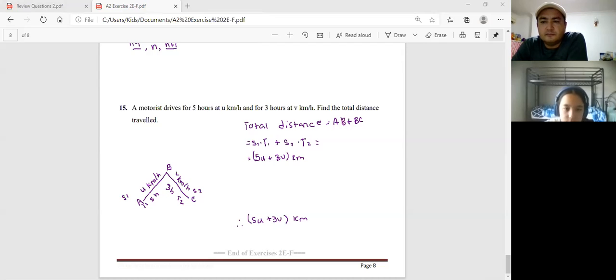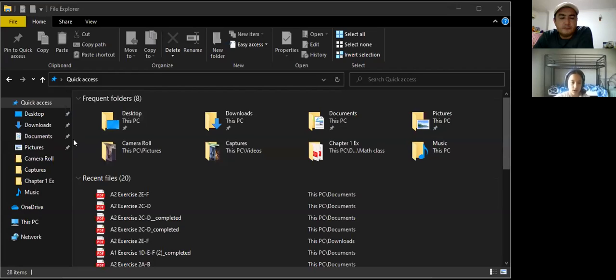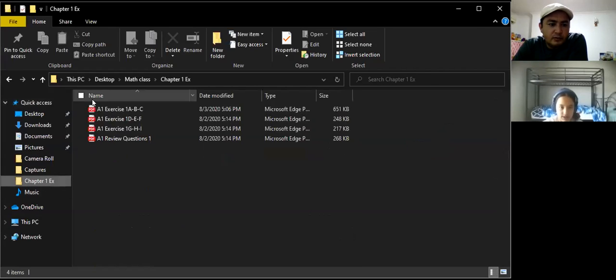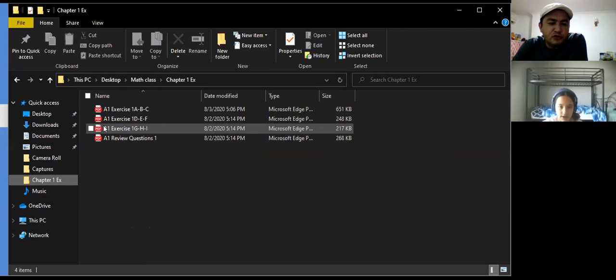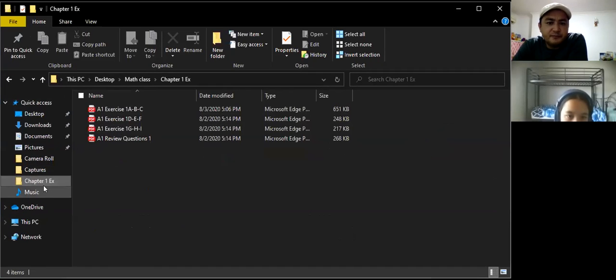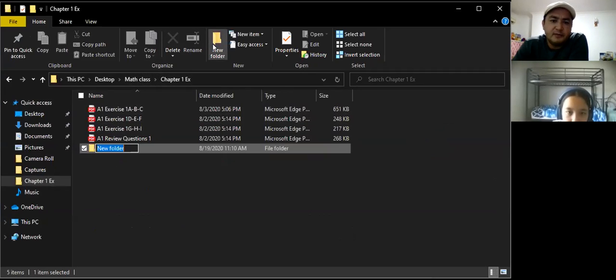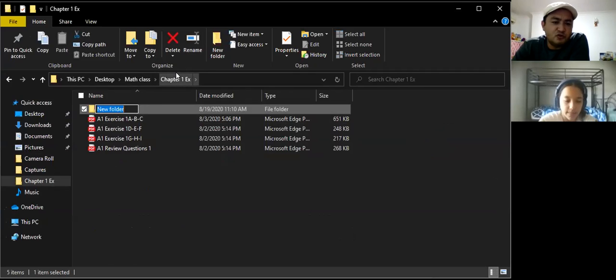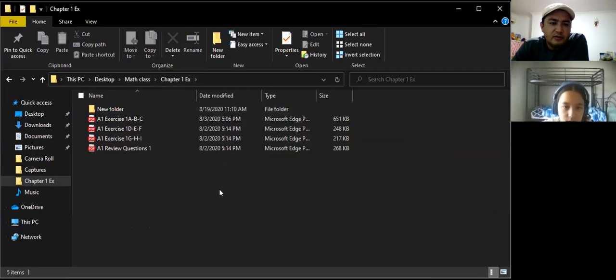Can you see this? No, I cannot see. If you share your screen, I can see it, because now you're sharing only the file. I think this is chapter 1. Do you have a folder for chapter 2? No, I think. Okay, so open a new folder at the top. Click on new folder. Actually, you should create this outside, on the desktop.